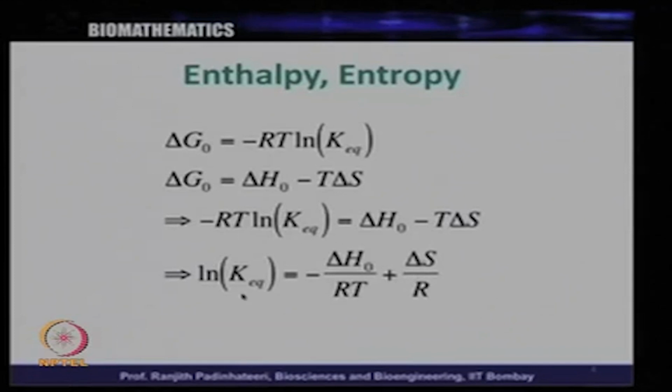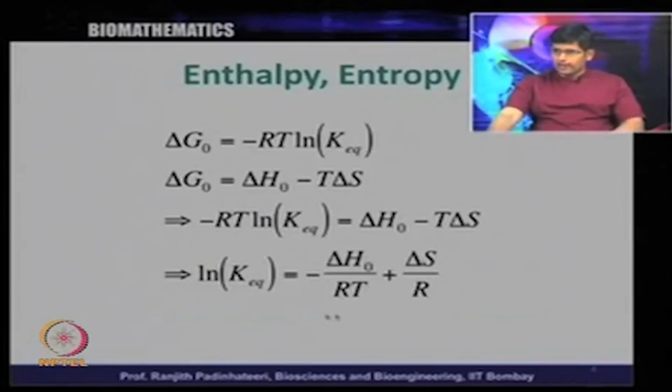So, essentially you will get ln K equilibrium is equal to minus delta H 0 divided by RT plus delta S by R. Combining these two equations, we can rewrite such an equation, which is very simple, just simple algebra: ln K equilibrium is equal to minus delta H 0 divided by RT plus delta S divided by R.